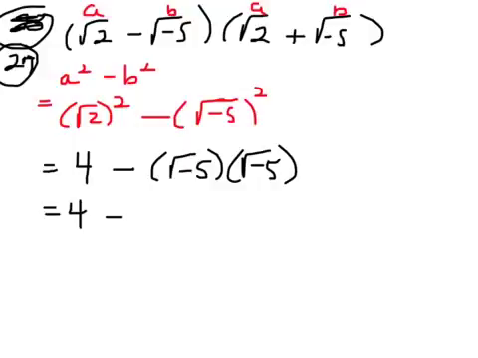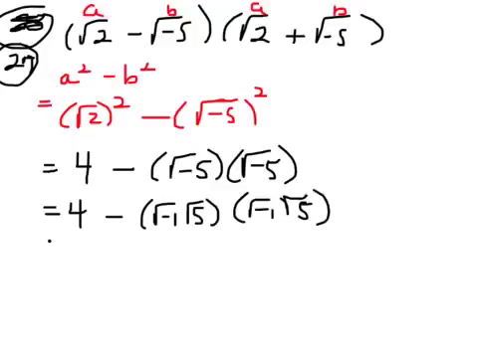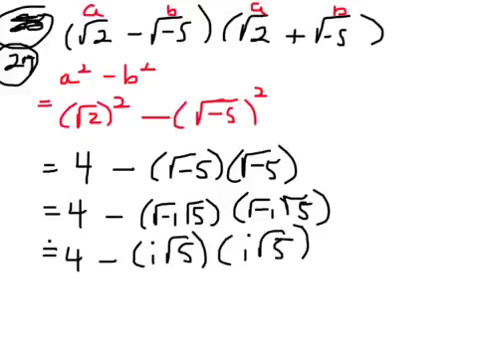Square root of negative 5, remember that each one of those is like saying the square root of negative 1 times 5. I'll just write it down twice. Well, each one of those square root of negative 1s is an i, and then I've got a square root of 5. So I've got another i square root of 5. So if I multiply these together, and again, I'm going slowly.